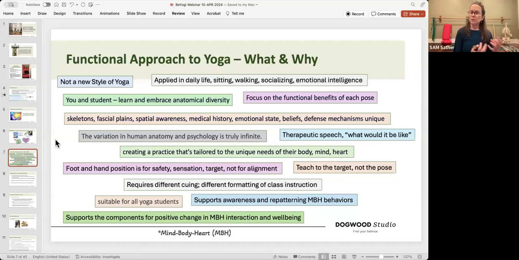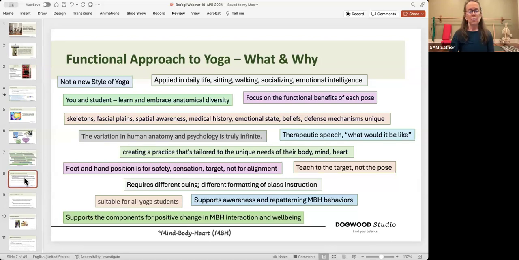And how could this functional approach help them, again, in this cosmos of a yoga practice, really start to live the mind, body, heart compassionately to themselves and others. And that's huge, even baby steps.